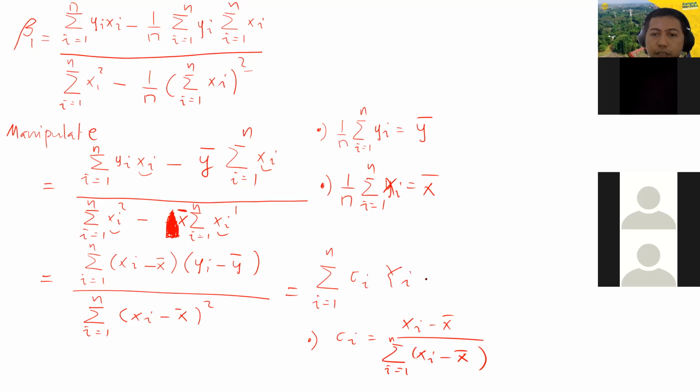The important thing about this expression is, we draw again here that beta 1 equal to sigma c_i y_i.